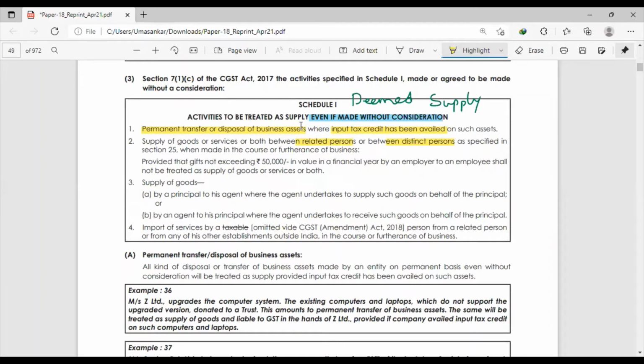But what it says is, if there is any transaction or supply of goods between these related persons or distinct persons, and it is related to business, then also it will be considered as deemed supply, because any activity or transaction between related persons might have no consideration. Okay, next point. Provided here is a condition.